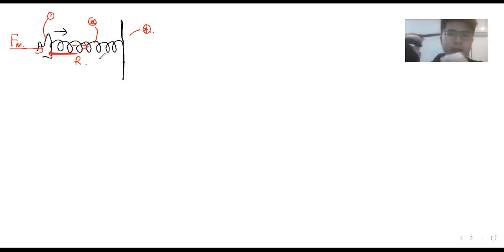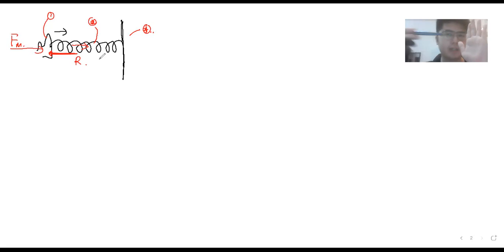Now, if I keep pushing it until it hits a wall here, the wall is the third party body. The first body is my hand, the second body is the pen, the third body is the wall.